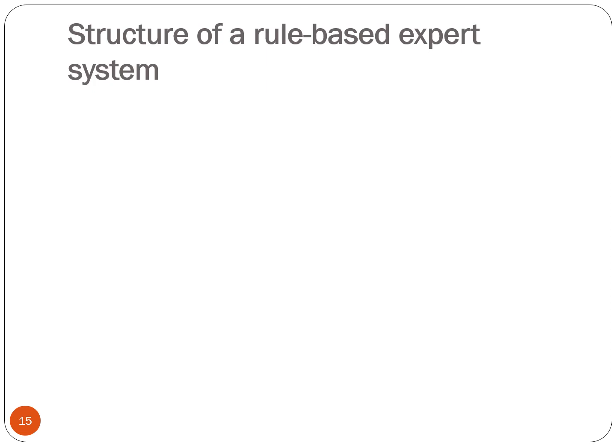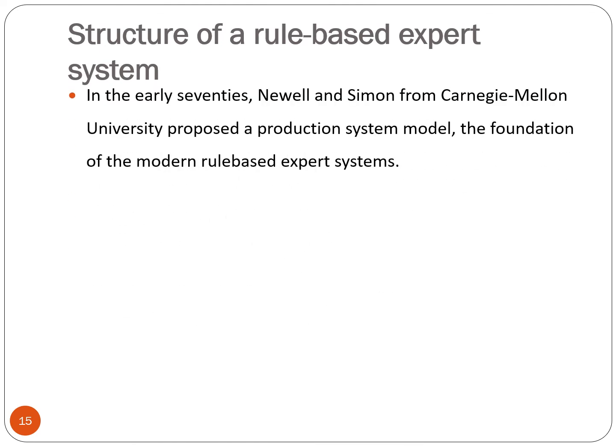Okay, structure of the rule base. This is the history, back in the early 70s. Newell and Simon from Carnegie Mellon University proposed a production system model, the foundation of the modern rule-based expert system.